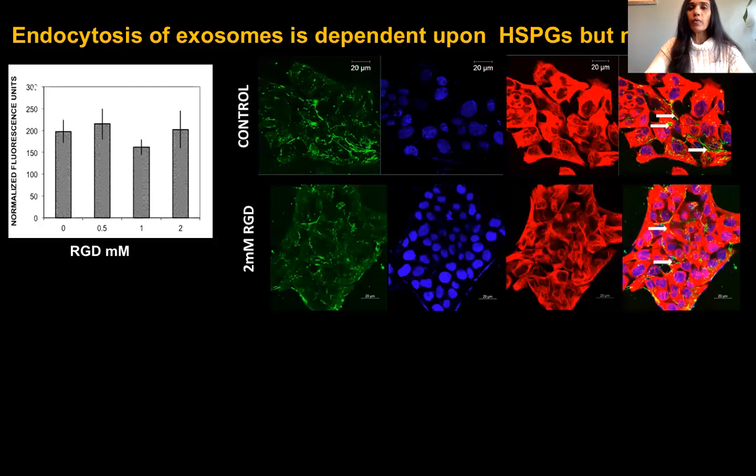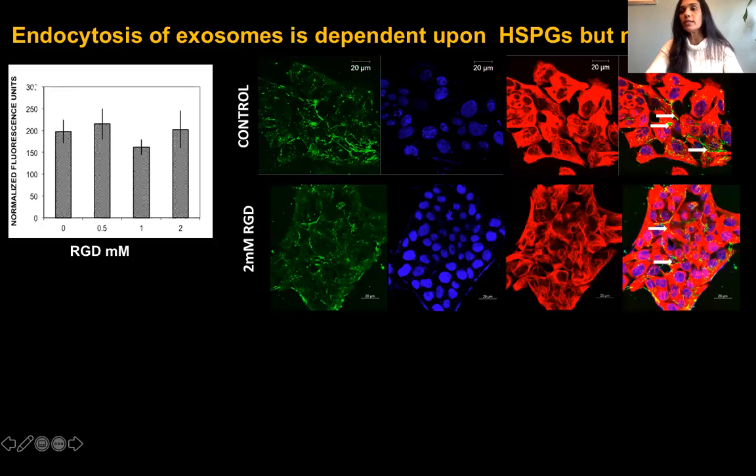The next step was to figure out which receptor is involved. Usually, the receptor involved in the process can be heparan sulfate proteoglycans or integrins. So we first blocked integrins using RGD, an integrin binding peptide. When we added EVs to cells already blocked by RGD, we didn't see any difference.